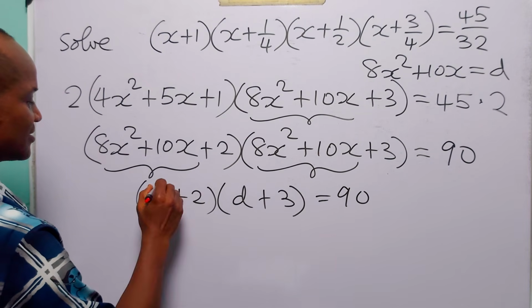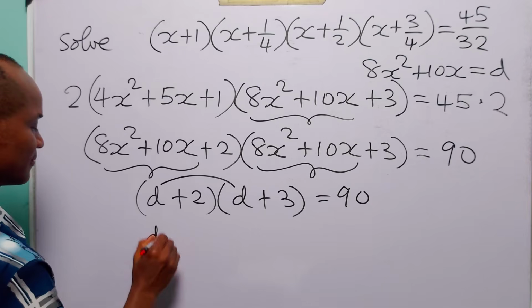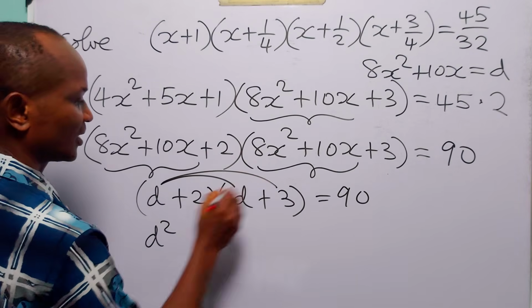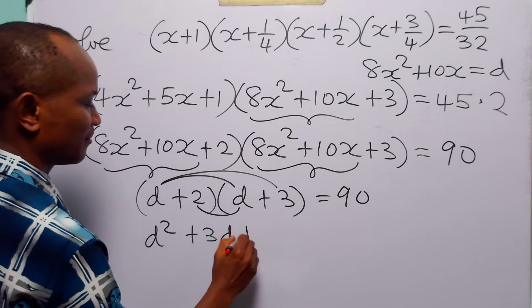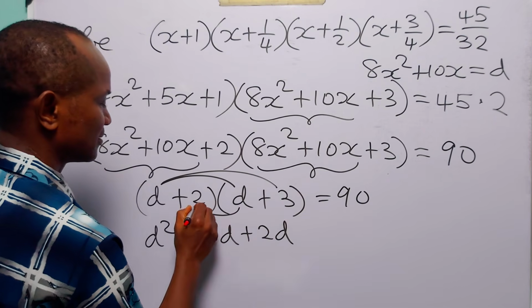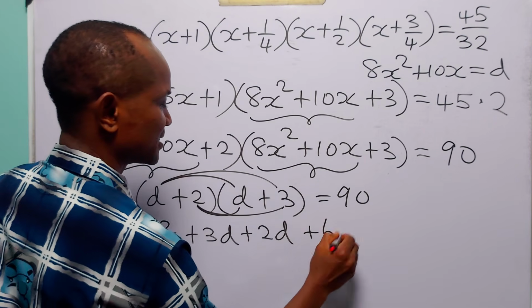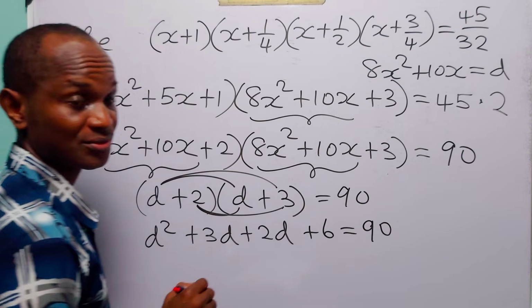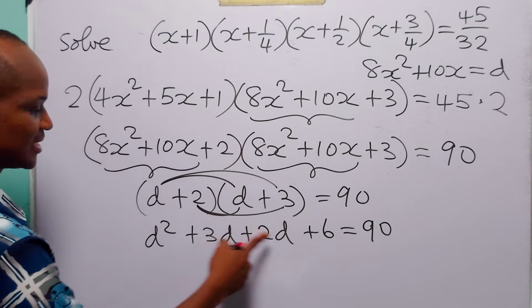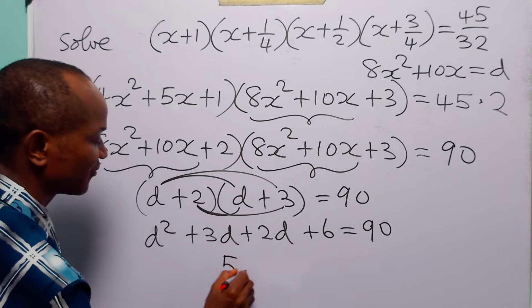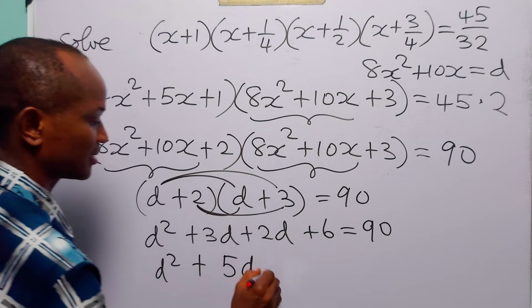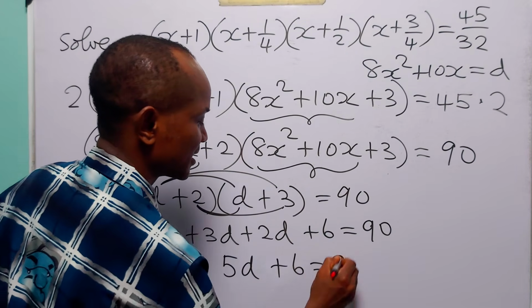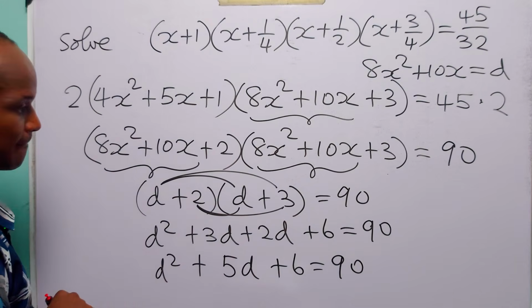Opening these two brackets, we have d squared plus 3d plus 2d plus 6. This is equal to 90. 3d plus 2d is equal to 5d, plus d squared plus 6. This is equal to 90.